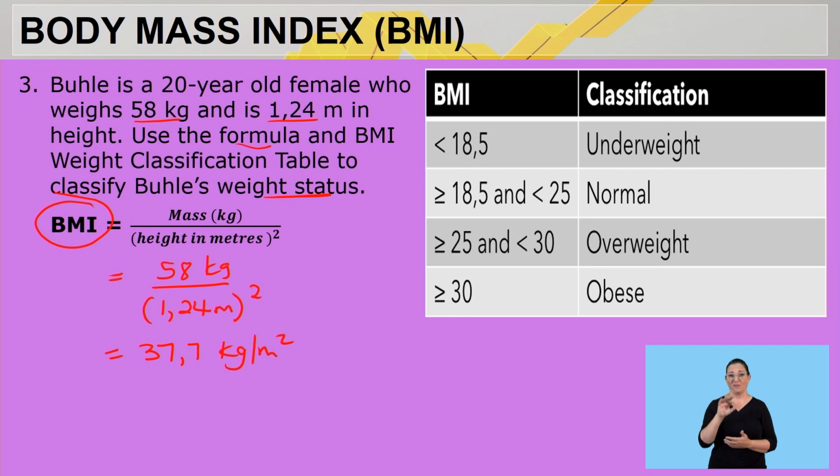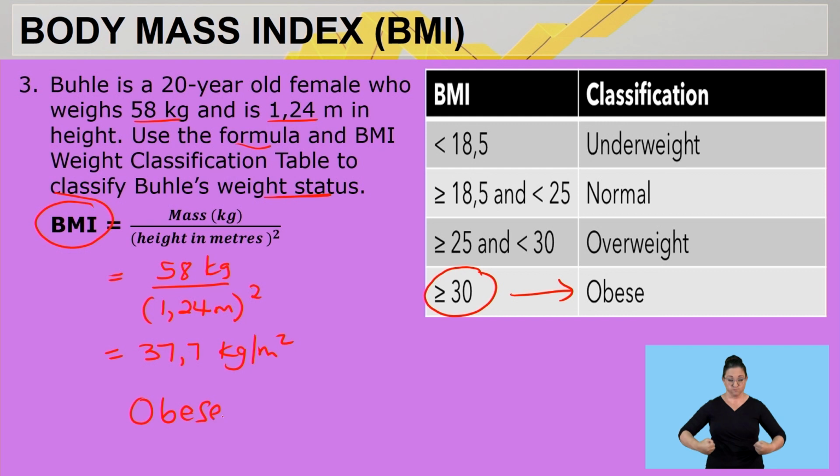So where will we find 37,7? That's more than 30, no? We agree. So in this case, we will conclude by saying Bootle is obese. Guys, are we clear? So we found the BMI, and based on our answer there, we went to the classification table, we saw it's more than 30, and we indicated that she is obese.